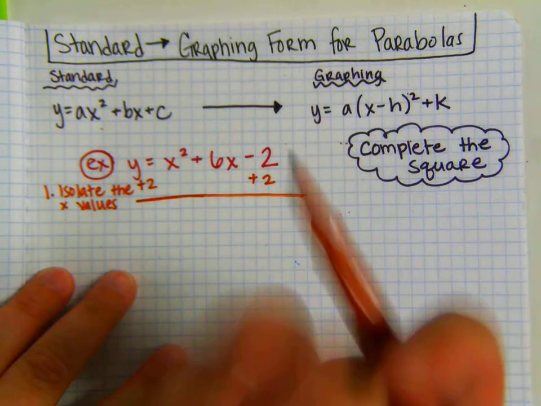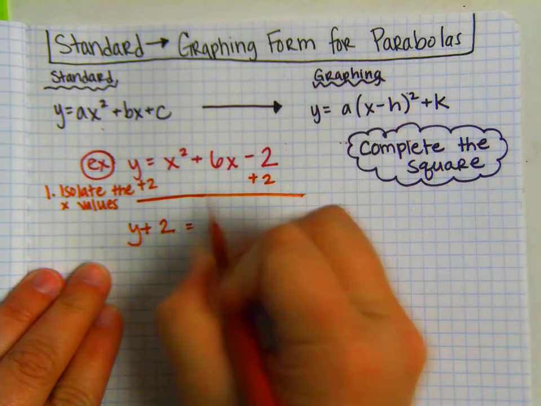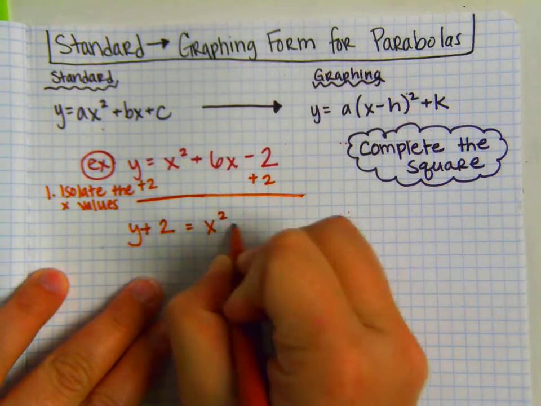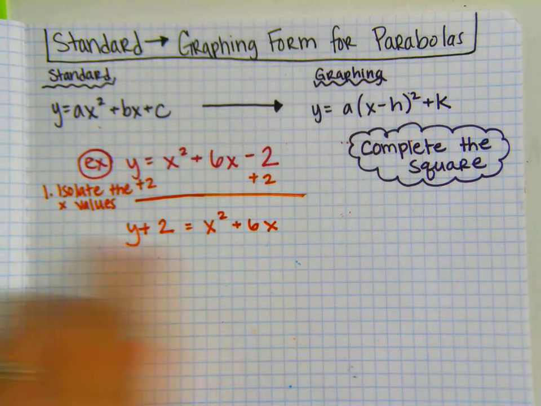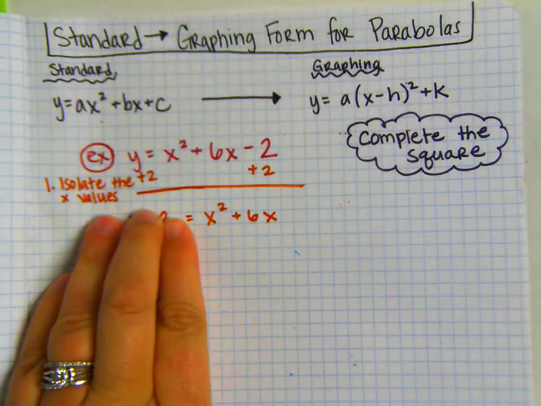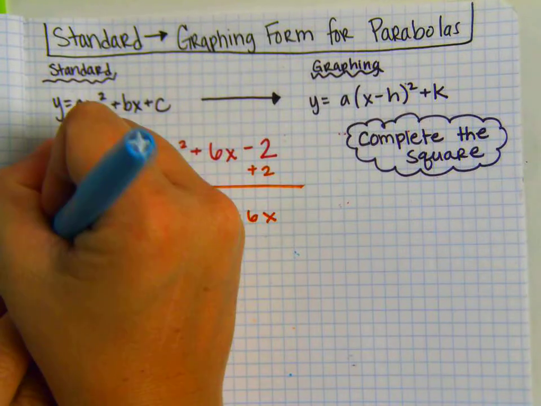That's not going to be 2y. So we just write y plus 2 on this side equals, and then x squared plus 6x. And then just like we did when we completed the square, we're going to ignore this side right now. And we're going to complete the square on this side. So that's going to be our step 2.